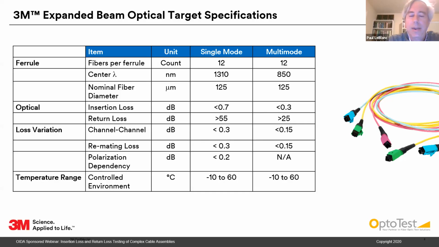On the multi-mode side at 850 nanometers, insertion loss is less than 0.3 dB and return loss greater than 25 dB. And these connectors today are designed for controlled environment operation where the temperature excursions are in the range of -10 to +60.